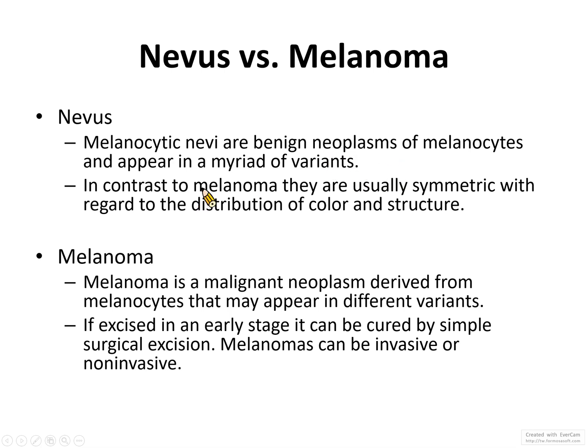But in contrast to melanoma, they are usually symmetric with regard to the distribution of color and structure. That's why I said in the first slide that usually the border of a nevus is regular and the color is more homogeneous compared to melanoma.